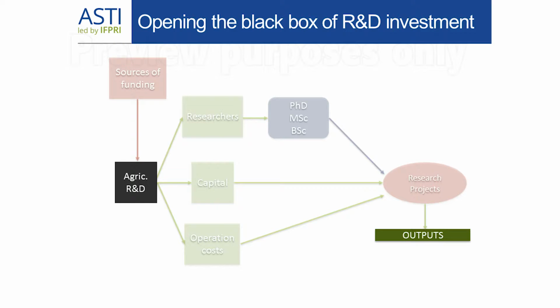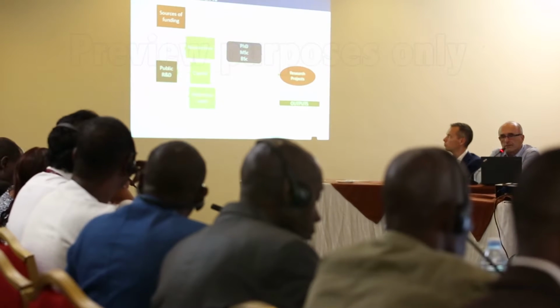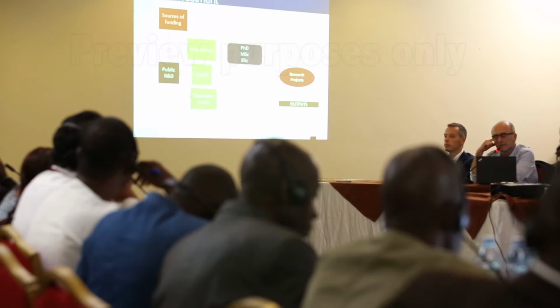And so if we open the black box, we have the usual information that you are very familiar with, and the ASTI indicators are showing something related to what is inside that black box.